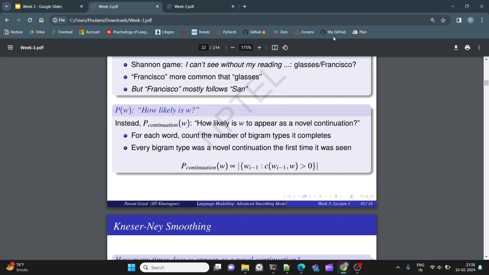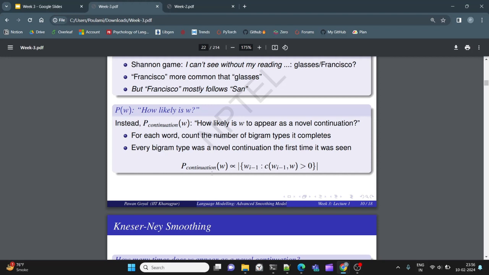Given that, reading glasses may not be in the corpus, but other words consisting of glasses could very well be in the corpus. That is what it means to be a novel continuation, and that is what this probability computes.